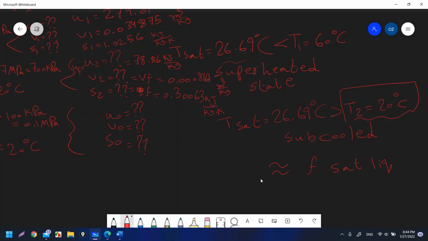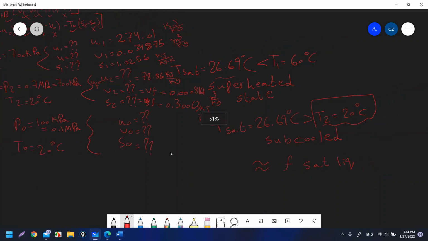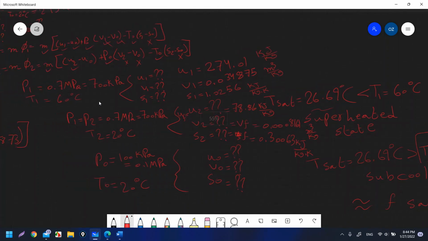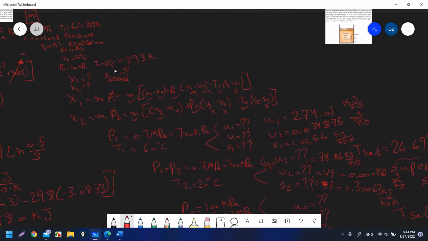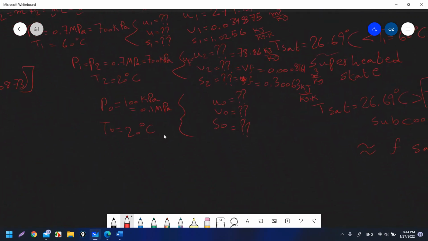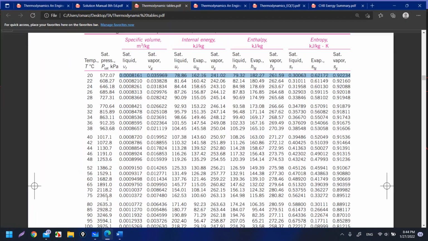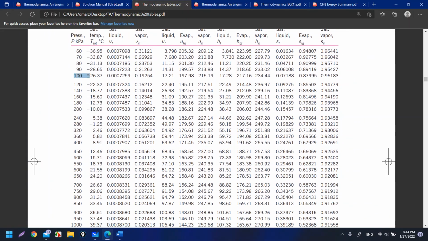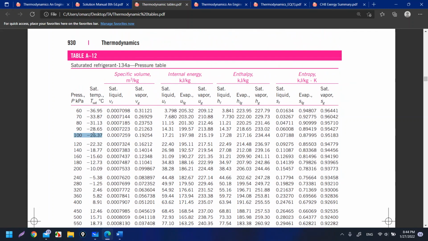That's for entropy. For U naught, V naught, S naught, also you will do the same. What was the temperature of the environment? The temperature of the environment is also 20 degrees Celsius, and the P naught is 100 kilopascal. Okay, yes, here. So I will go to the pressure table, 100 kilopascal.